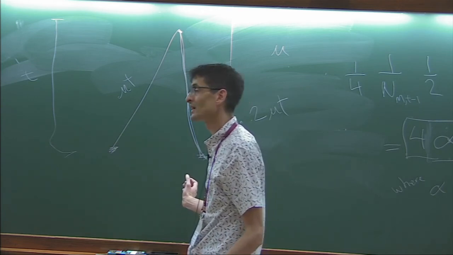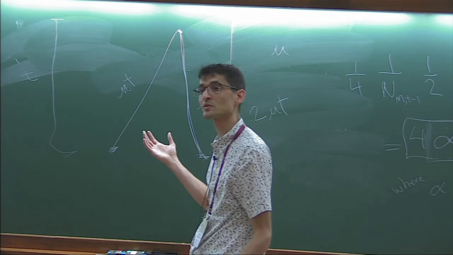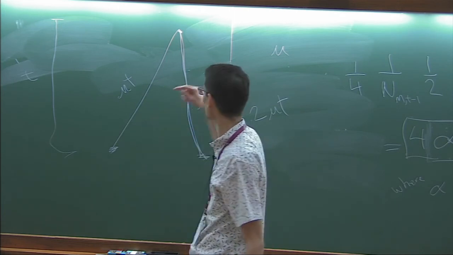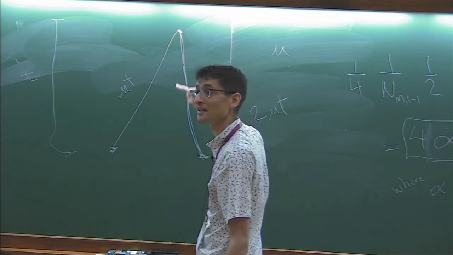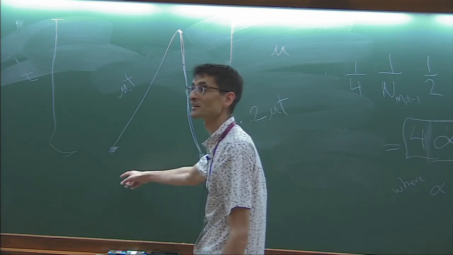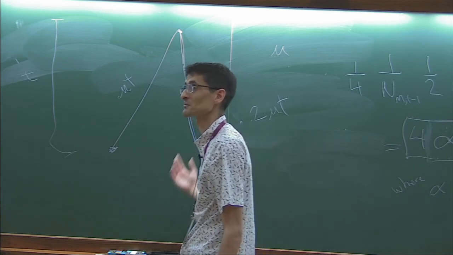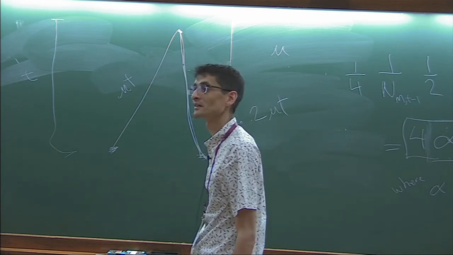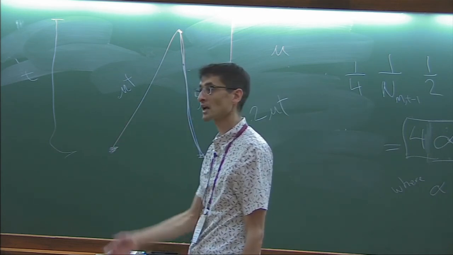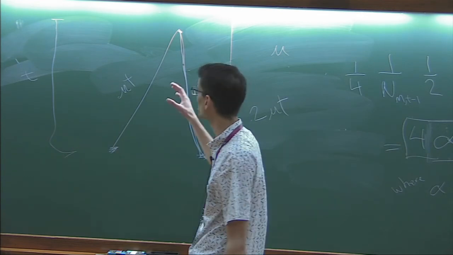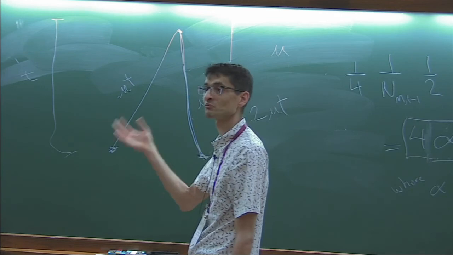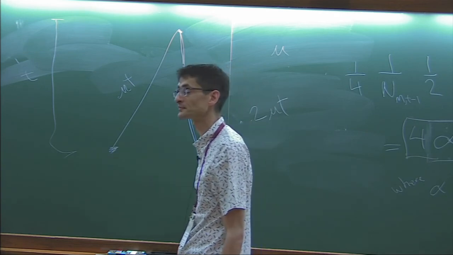Or similarly, if a mutation occurred at this time point and then that same site mutated again, I would still only see one difference, or possibly no difference if it was a back mutation. So it assumes every mutation is unique, which, if 2 mu t is not very large, we would expect to be true.